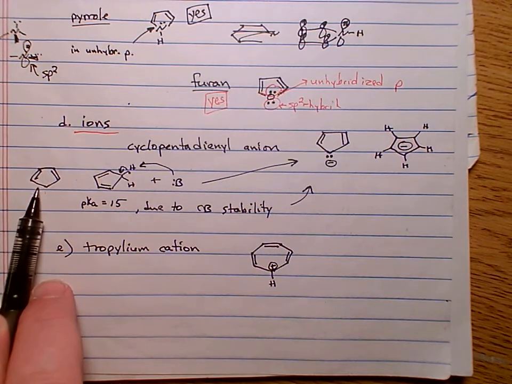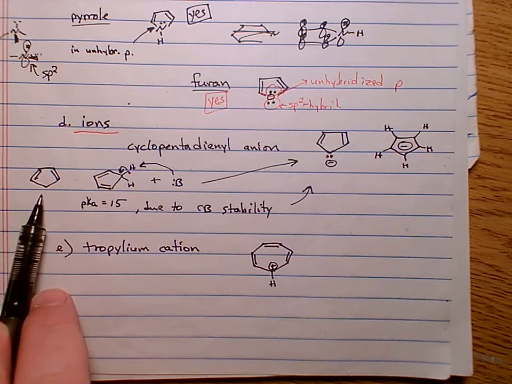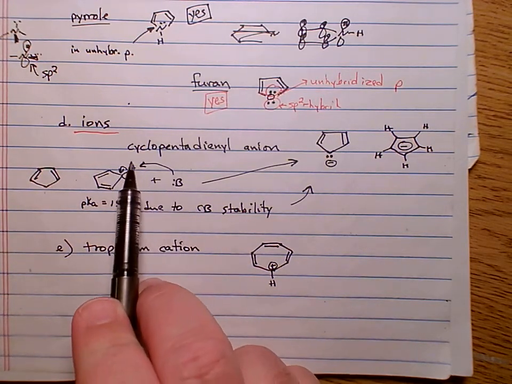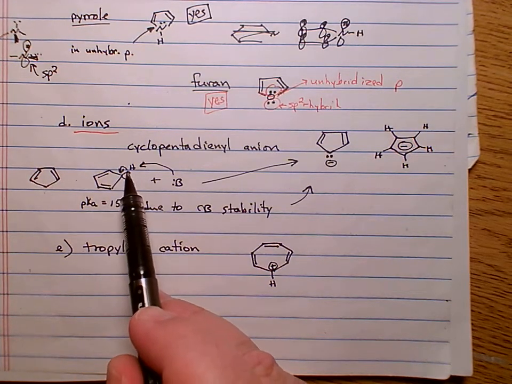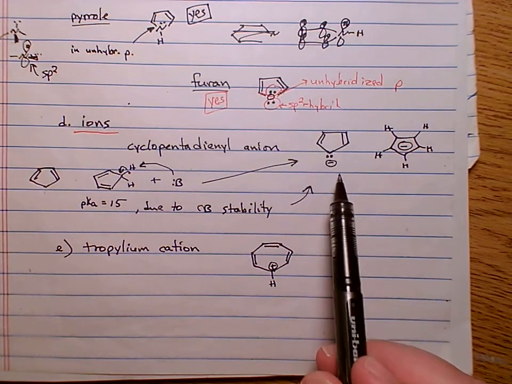This is not, cyclopentadiene is not aromatic. However, you can have a base come in here and snag one of these protons, and then this bonding pair becomes a lone pair on that carbon, and you get this beast right here.